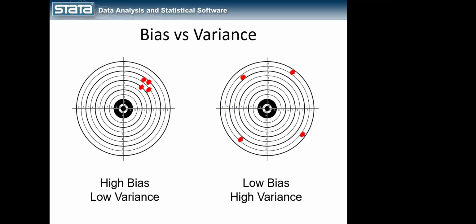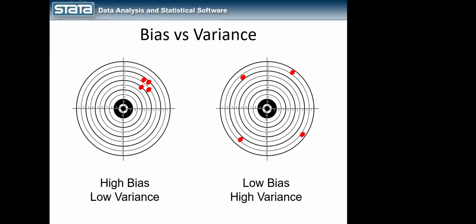Now, the other characteristic is bias versus variance. So let's say that we're archers, shooting arrows. On the left, we have a very tight cluster where the arrows all hit in a very small area, but it's systematically away from the center. So we would refer to that as a high bias but low variance estimator.